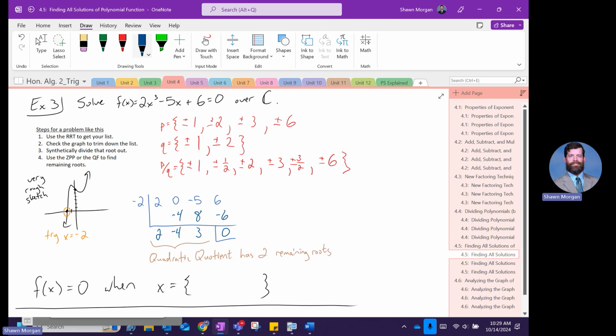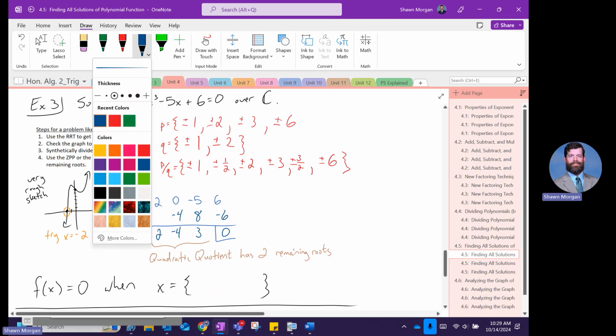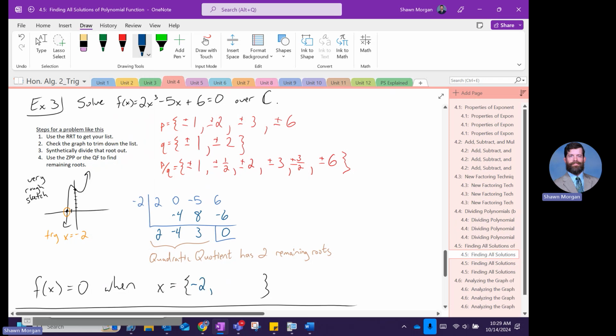And so this does not factor out. I shouldn't even try to mess around with factoring it out. I'm going to go straight to the quadratic formula. Okay. And so here are my roots. We've got -2, and that was my one rational root. That was a good one. And then let's do some scratch work over here. 4 plus or minus the square root of 16 minus 4 times 2 times 3.